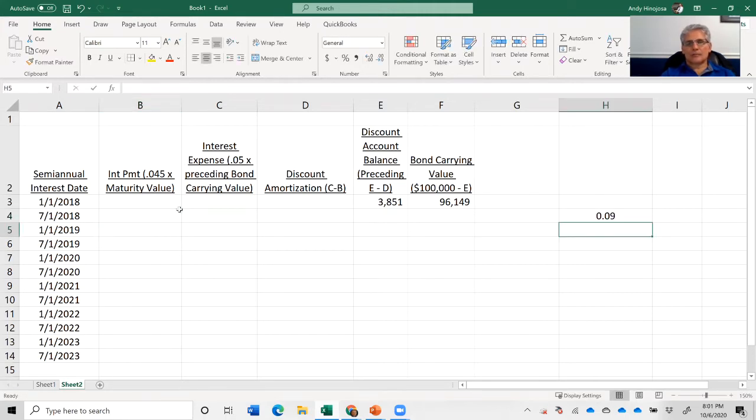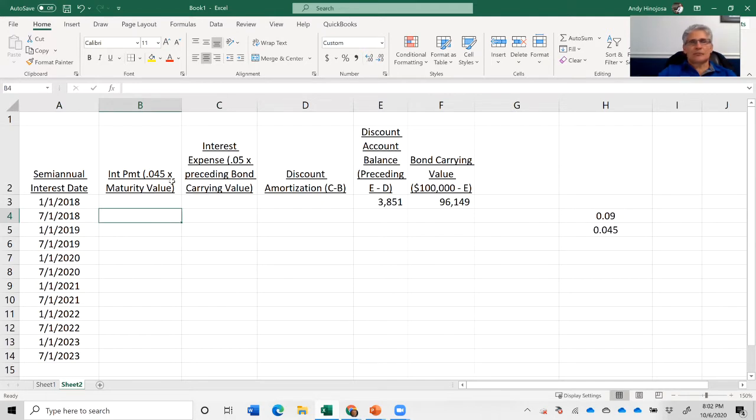But we also know that there's semi-annual payments. So another way of doing this is we just divide the interest rate by 2, and we come up with 0.045. So every interest payment is going to be 0.045 because this is a 9% stated interest rate.